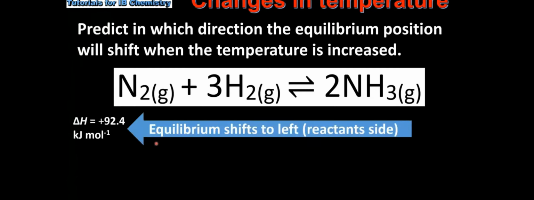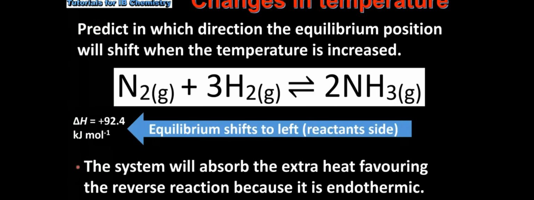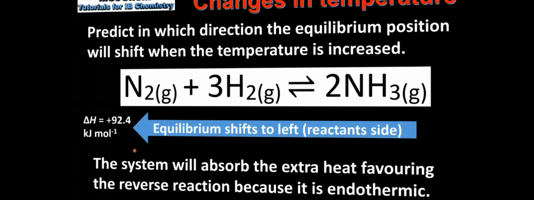When the temperature is increased, the equilibrium position will shift to the left, which is the reactant side. The reason for this is that the system will absorb the extra heat, favoring the reverse reaction, because it is endothermic. Therefore, the equilibrium position will shift to the left, in the endothermic direction.